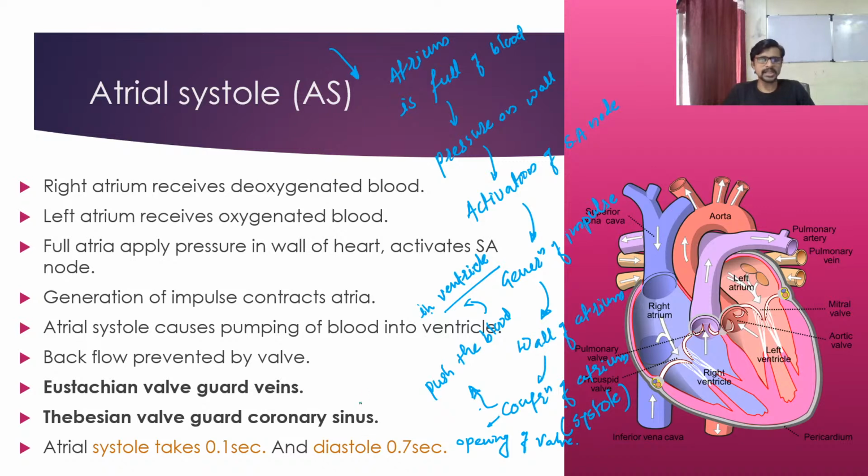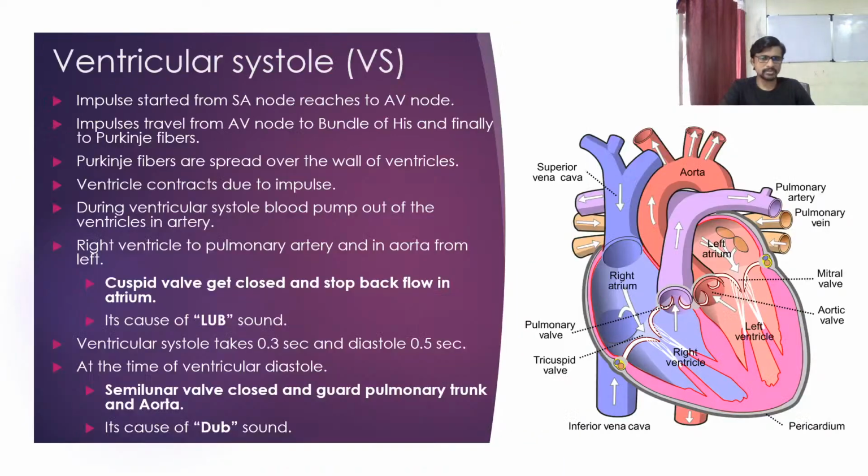When you write it, put relaxation in brackets after diastole, and contraction after systole. Otherwise most people get confused. Systole means contraction, and diastole means relaxation. So it is necessary to write systole with contraction in brackets, and diastole with relaxation in brackets.